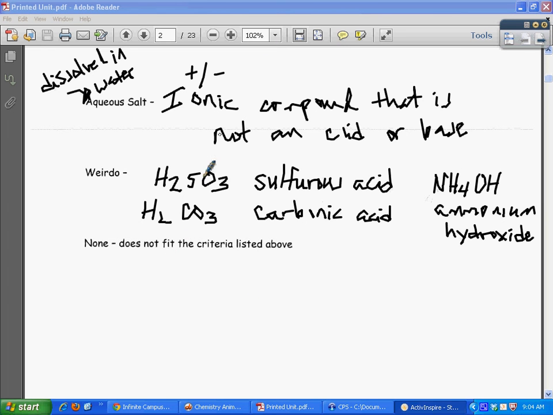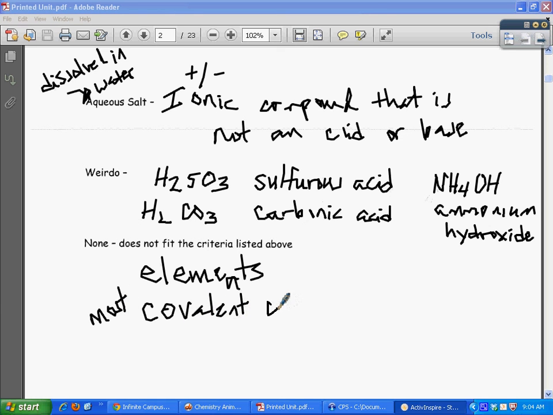They can be, I'm going to put most on here for your purposes right now, most covalent compounds. So things that do not have positives and negatives. Carbon dioxide. Water. Water would be a none. That ethanol thing, C2H5OH, that would be a none.